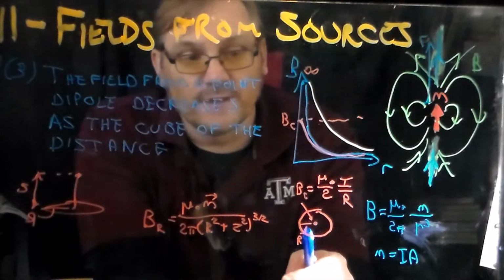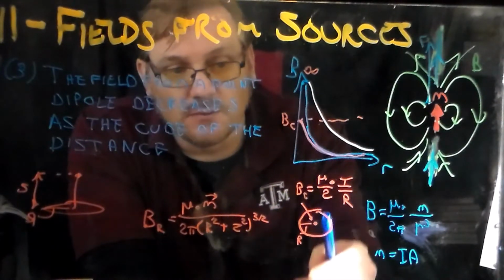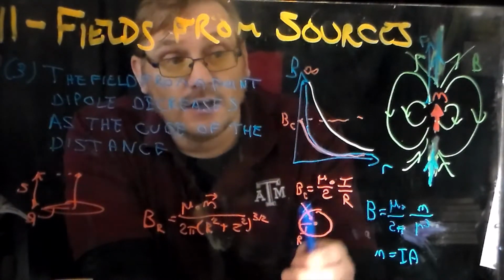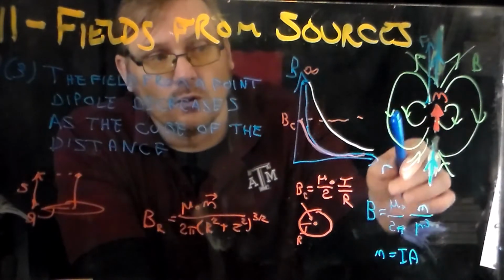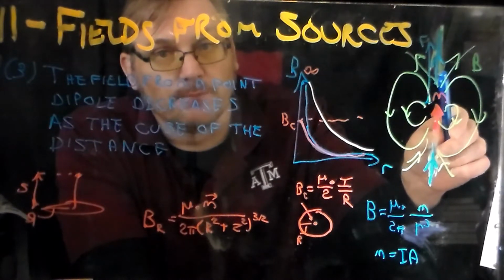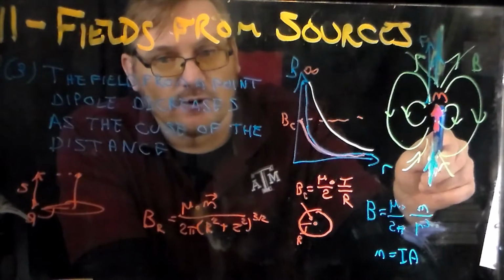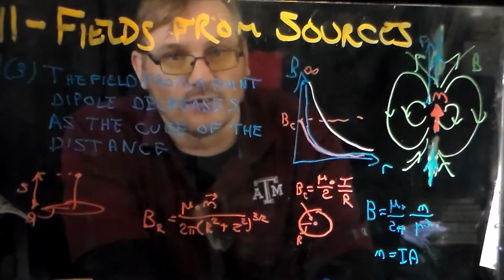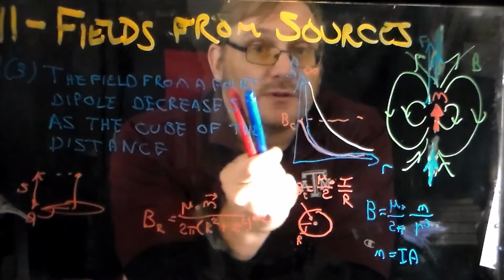So this guy's called a physical dipole, and it's called a physical dipole because it's generated by something like this. This guy, of course, was called an ideal dipole, or a pure dipole. A point dipole is what I called it.